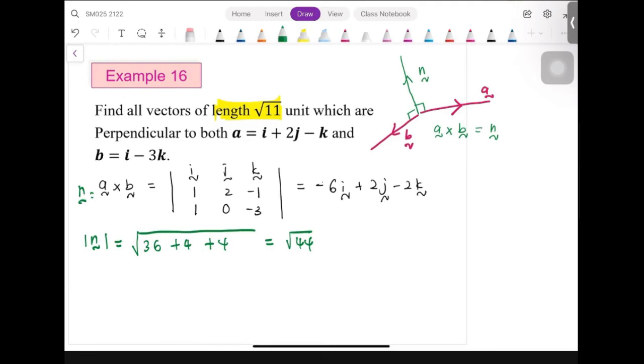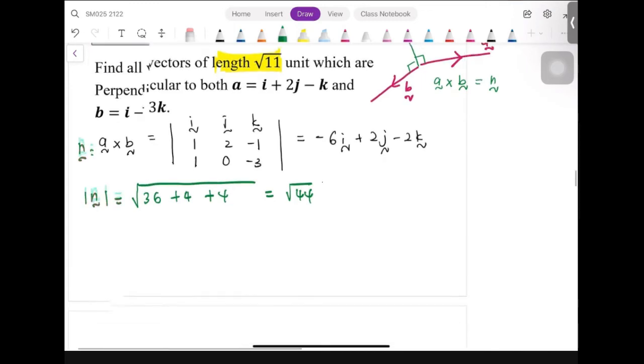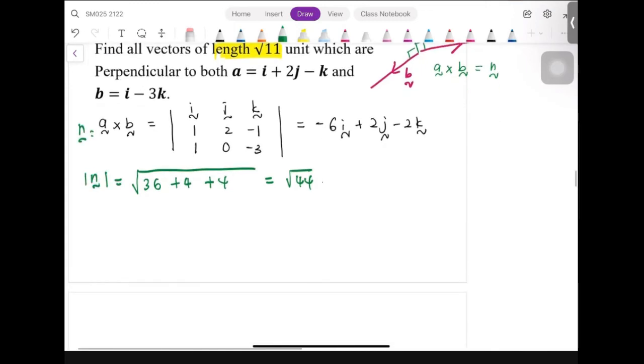So our next step, in order to adjust this, we have to find a unit vector. Why do we do this? Because the magnitude of a unit vector is 1. So if we want to find another vector with a specific length, just find a unit vector first. Remember, for a unit vector, I use a notation of a cap here.